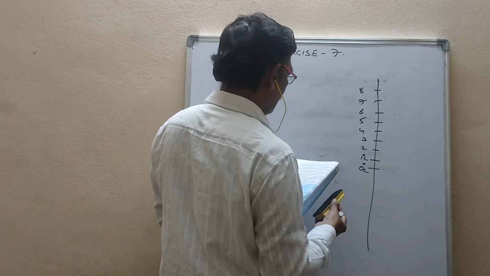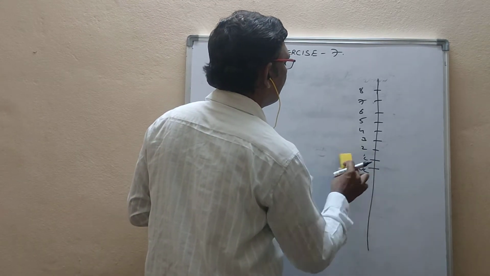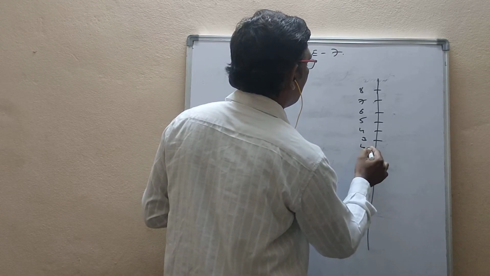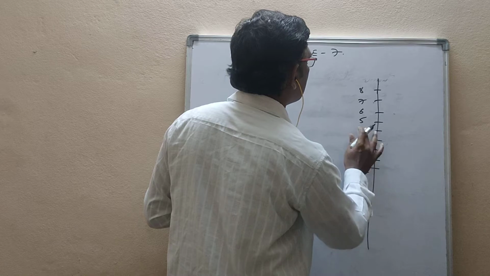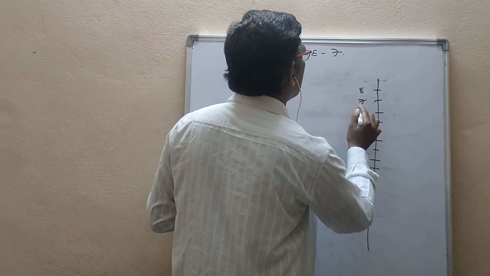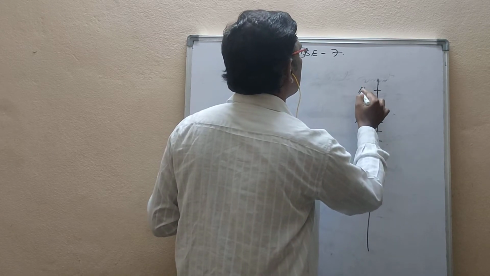Okay, if you increase by 2, how much will it become? So here after 0 we will keep 2. 2 degrees plus, 4, 6, 8, 10, 12, 14, 16.